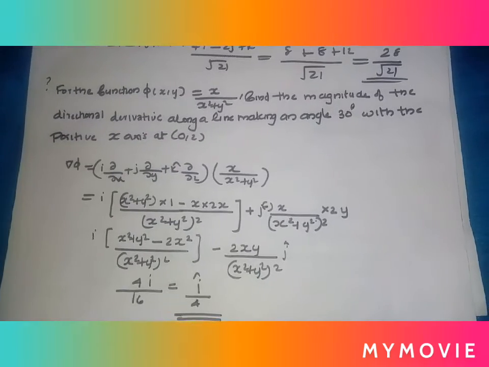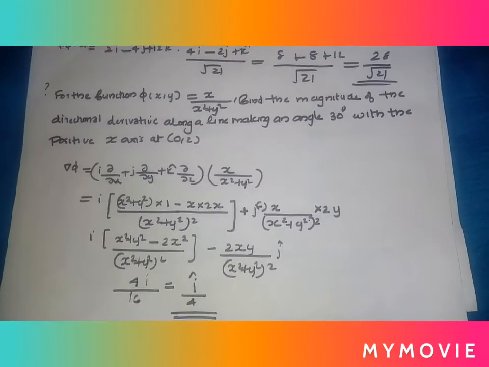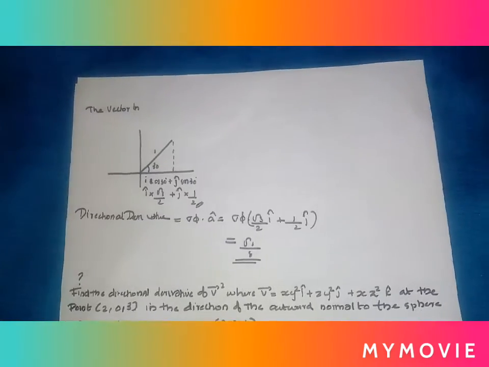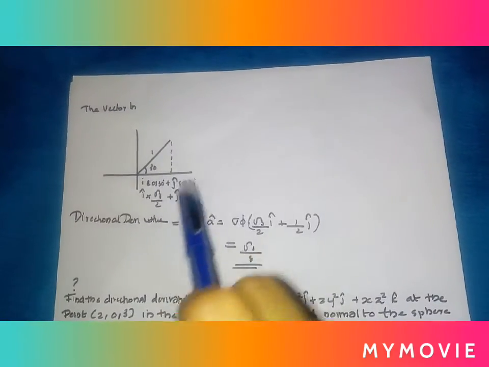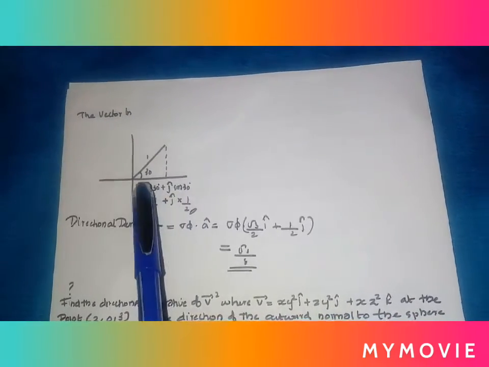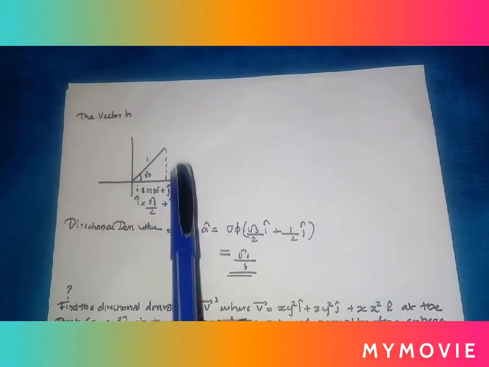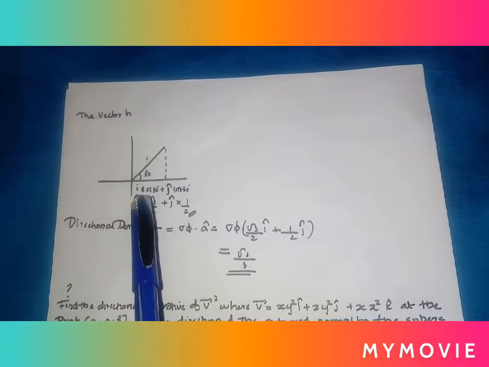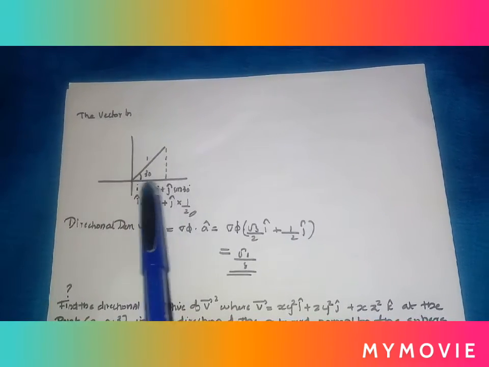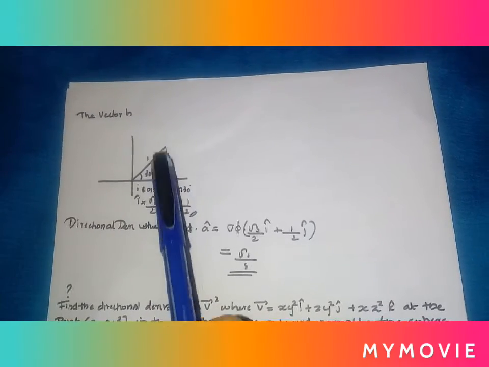So we want to find the vector which makes 30 degree with the positive x-axis. For this we just draw this graph, 30 degree with the positive x-axis, and the vector is represented as cos 30. Here the adjacent side is cos 30 and the opposite side is sin 30.